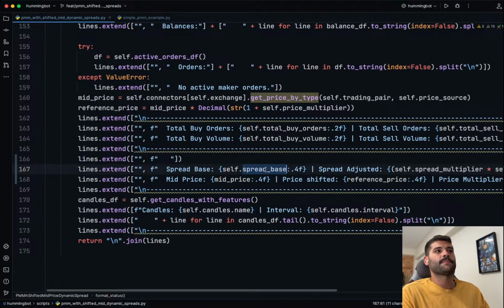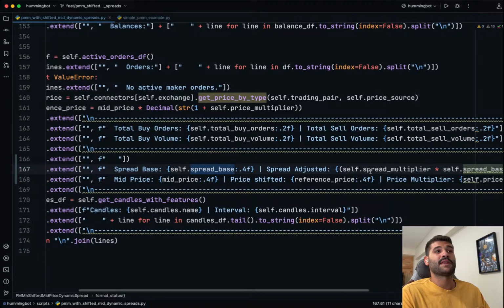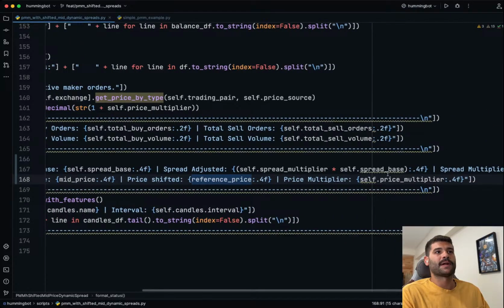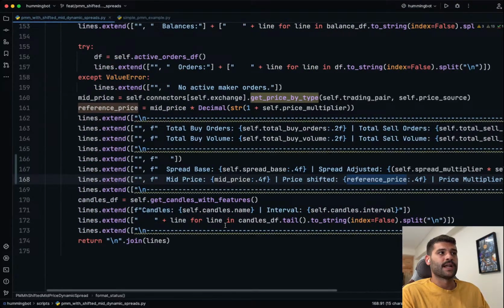Then we are showing the spread base and the spread adjusted based on the spread multiplier that is computed every tick when it's time to refresh the orders. And then we are showing the mid price, the price shifted by applying the multiplier, and the price multiplier that we are using.